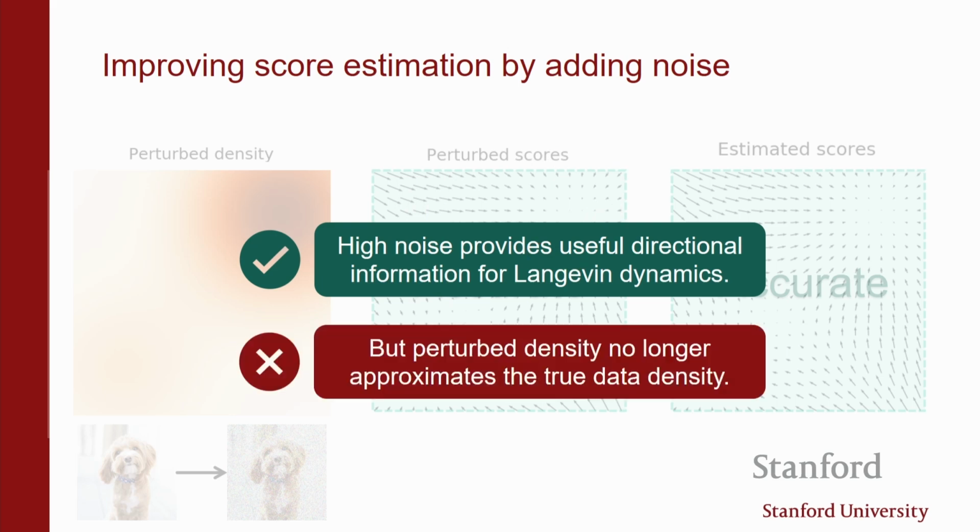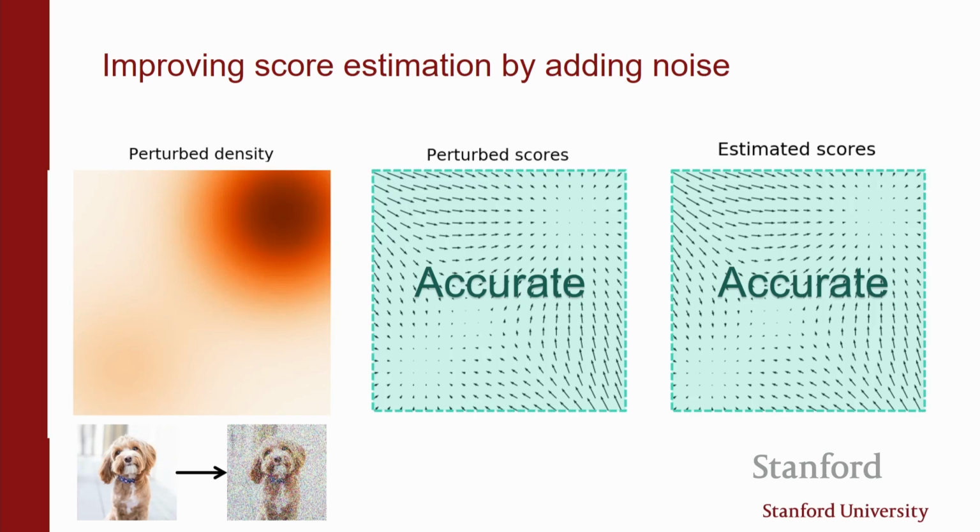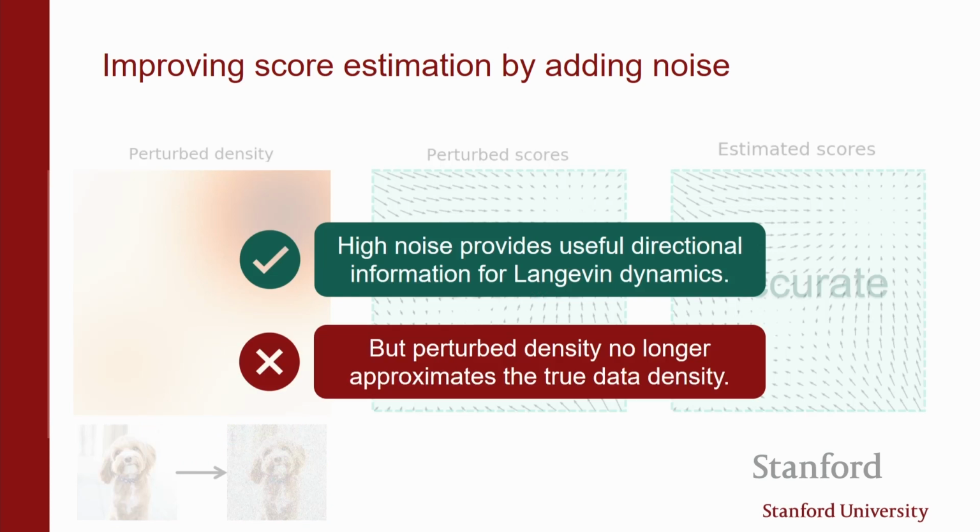The problem is that if you do Langevin dynamics over these estimated scores, you're going to be producing samples from the noisy data distribution. So you're going to be generating images that look like this instead of images that look like this. So that's the trade-off here. Yes, we're going to be able to estimate the score more accurately, but we're estimating the score of the wrong thing.